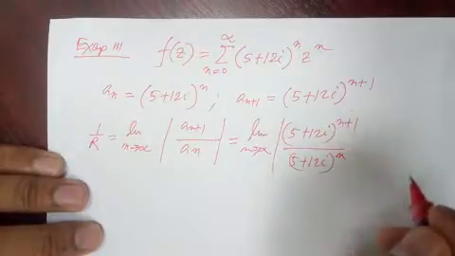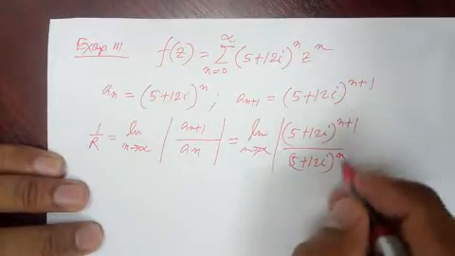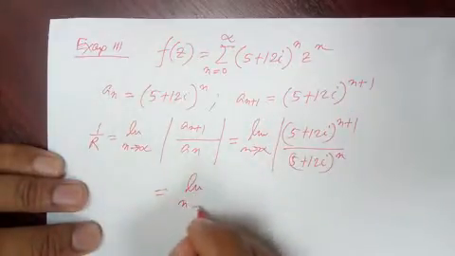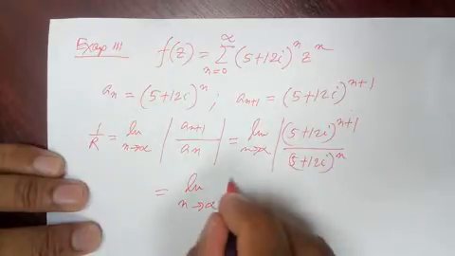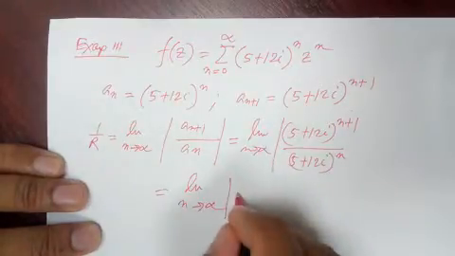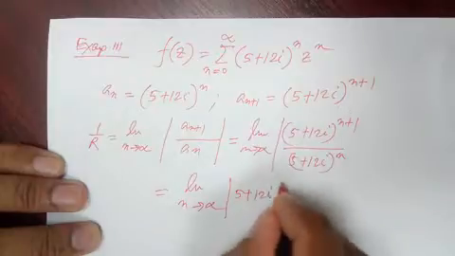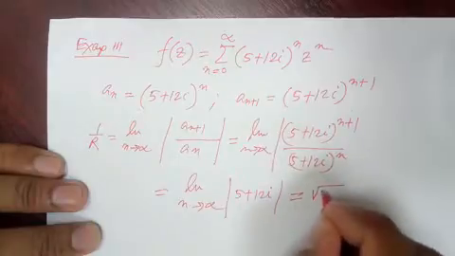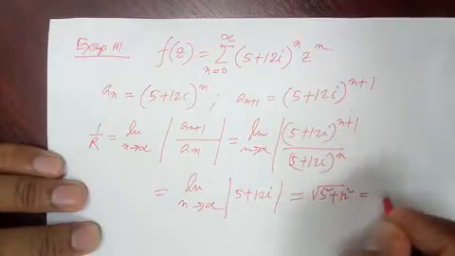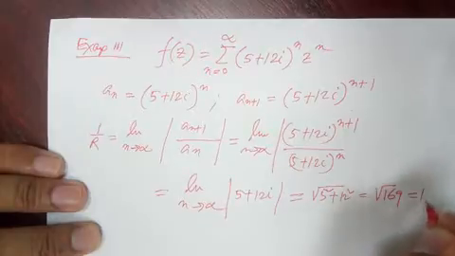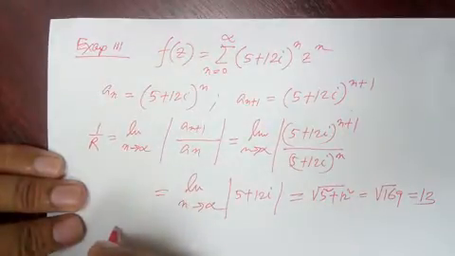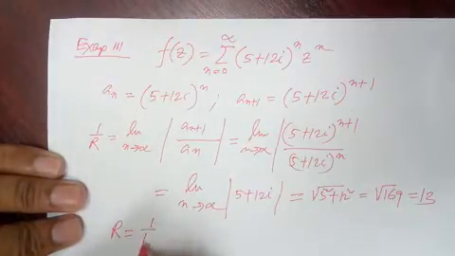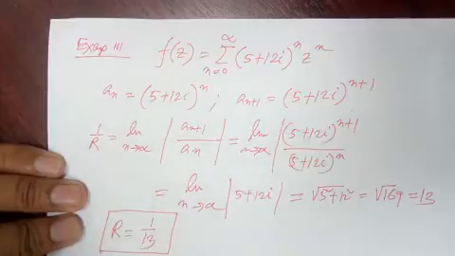If we cancel, then the limit as n tends to infinity, 5 plus 12i will remain. The modulus is the square root of 5 squared plus 12 squared, which equals the square root of 169, equal to 13. So we can say the radius of convergence of this power series is 1 over 13. Thank you very much.